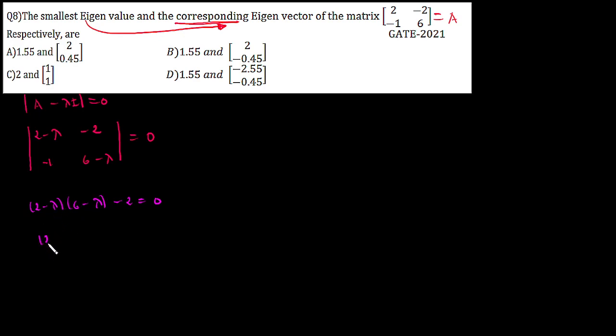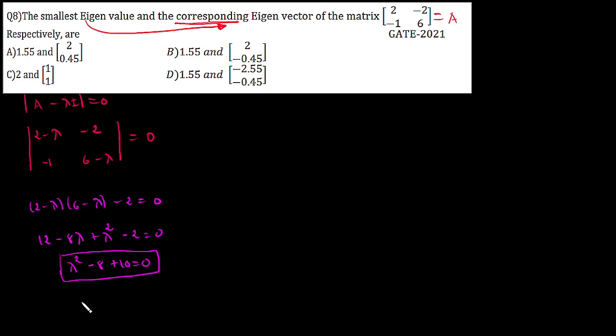Now here 12 minus 8 lambda plus lambda square minus 2 equals 0. So I can say lambda square minus 8 lambda plus 10 equals 0. It is a quadratic equation in lambda square, so now we need the roots of this equation.